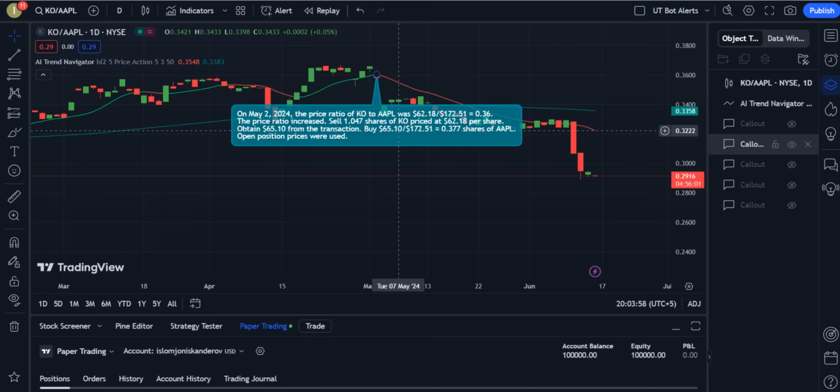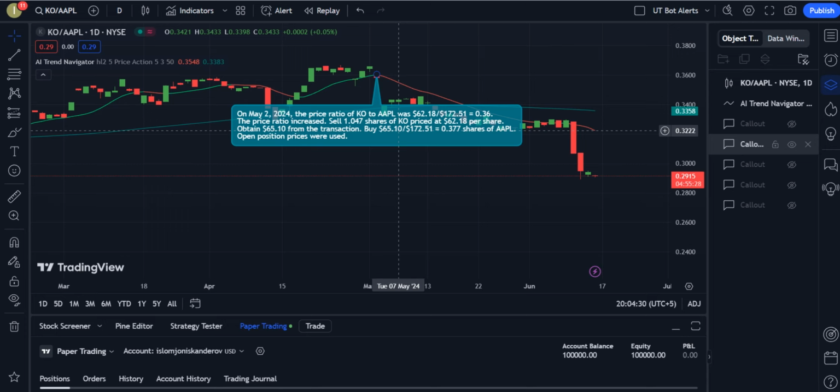So as you recall, from the previous transaction we obtained 1.047 shares of Coca-Cola. So now we would sell those 1.047 shares of Coca-Cola priced at $62.18 per share, and from that transaction we would obtain $65.10, and we would use that $65.10 to buy Apple stock.